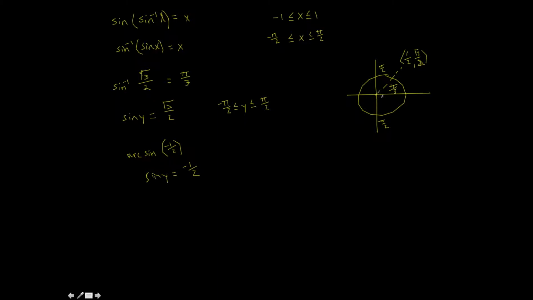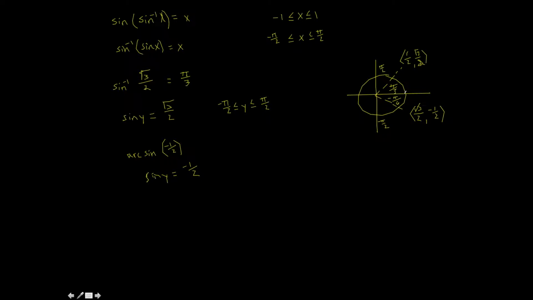Well, if you look at this point right here, it has a sine of negative 1/2 and an x value of square root of 3 over 2. So where is the sine negative 1/2? That would be negative pi over 6.